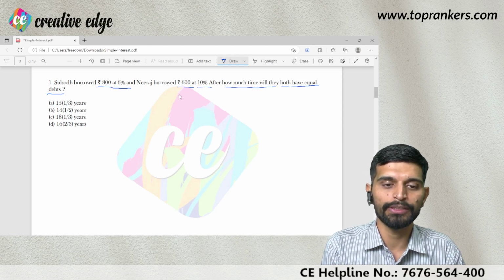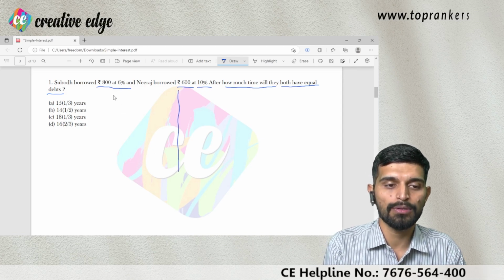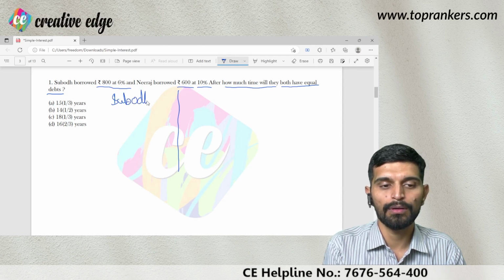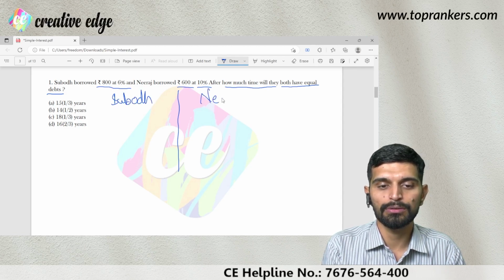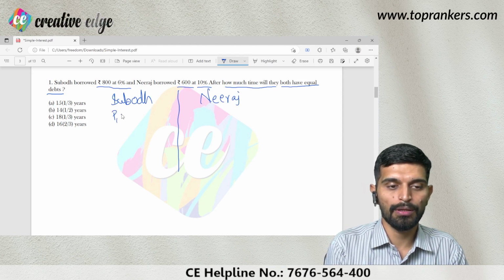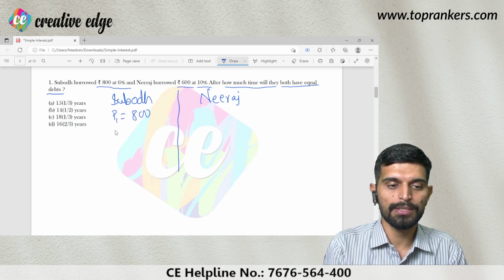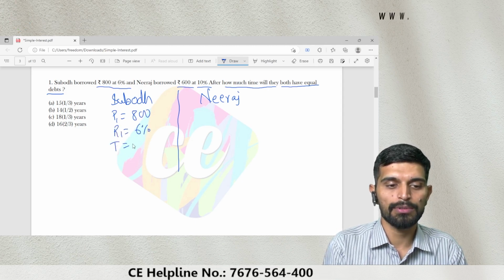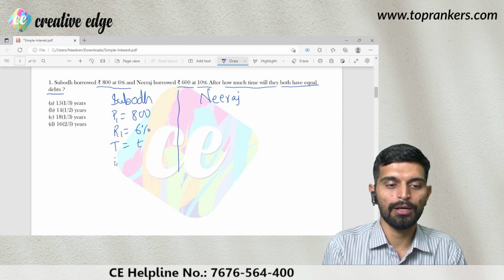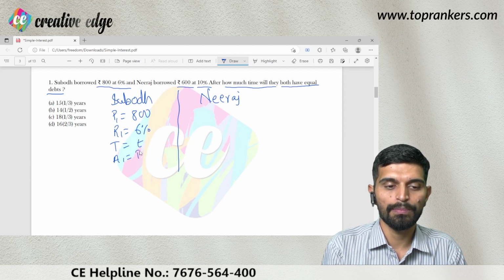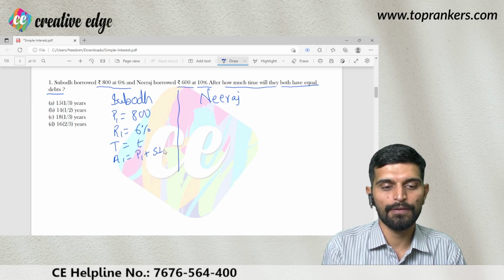So first of all, let's calculate the individual values. So for Subodh and for Neeraj. So for Subodh, principal is 800 rupees, rate of interest is 6%, and time, say T time, and amount, say amount one is P1 plus SI1.